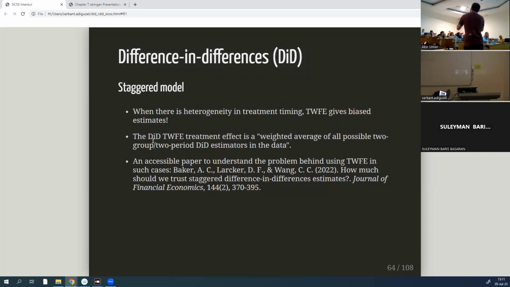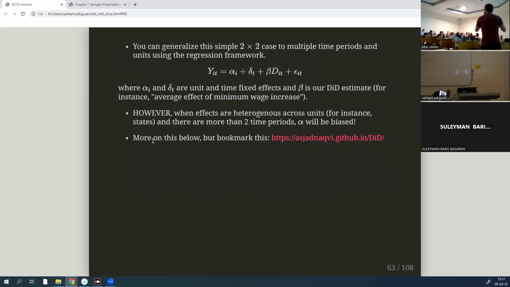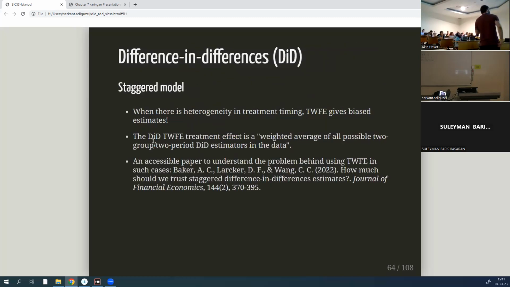It's just different combinations of 2x2s combined through weighted averages. If you extend our canonical design to multiple time periods and multiple units, what beta here captures is the weighted average of all 2x2s. And I'll show you one example.